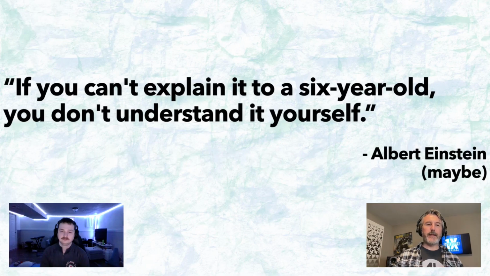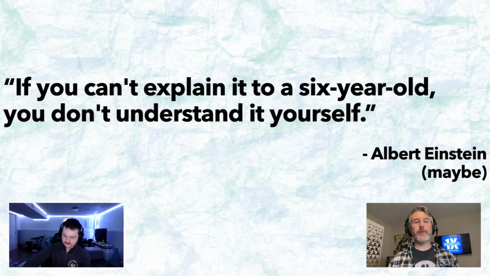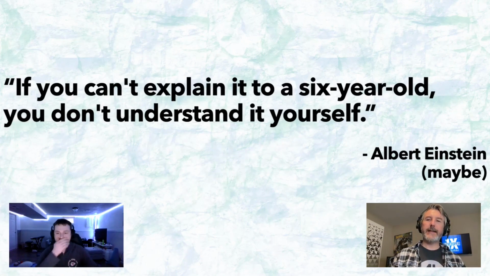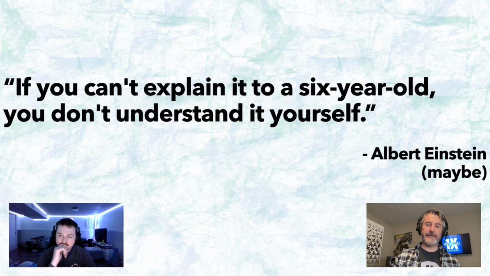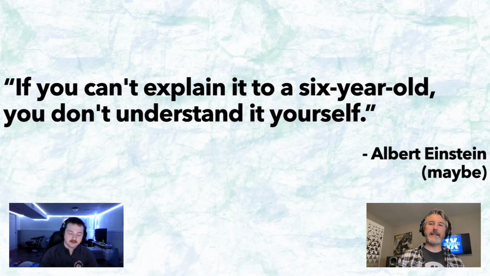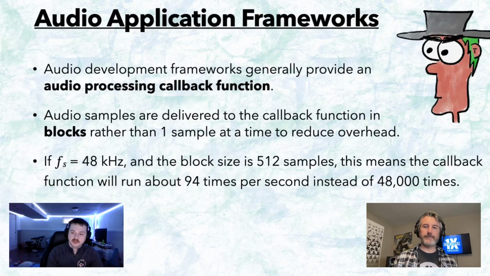Let's see. Einstein may have said, if you can't explain it to a 6-year-old, you don't really understand it yourself. Here at the podcast, we say, if you can't explain it after you've had a six-pack, you don't understand it yourself. So that's what we're doing today. We're having a six-pack and explaining audio. How deep are you into that tonight? That six-pack.